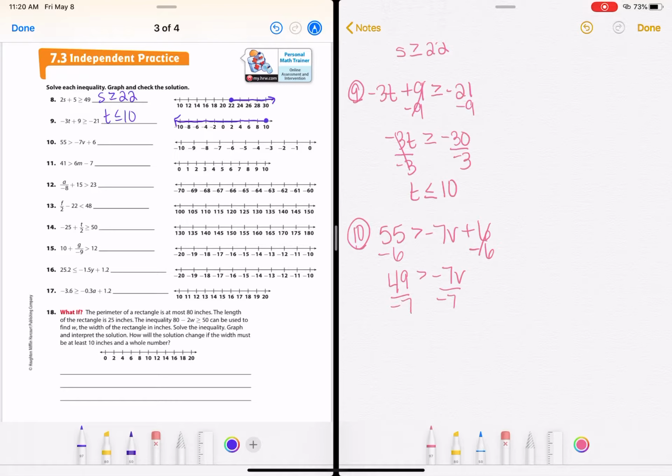Since we're dividing by a negative, we reverse the inequality symbol. So 49 divided by negative 7 is negative 7 is less than v. So open circle at negative 7. Negative 7 is going to have to be less than v, so we're going towards the right.